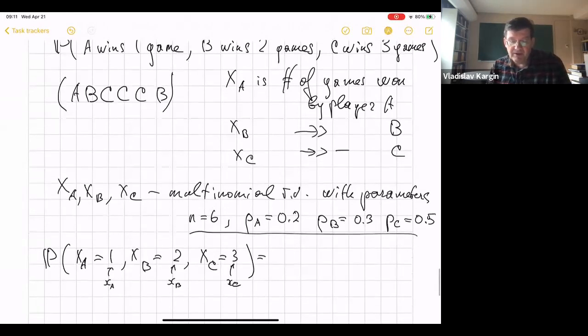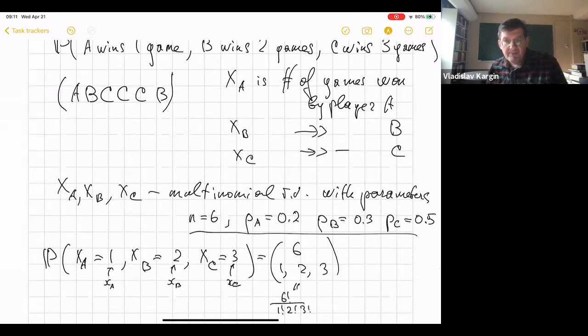This is equal to the multinomial coefficient 6 choose 1, 2, 3, which is 6 factorial divided by 1 factorial, 2 factorial, 3 factorial, multiplied by 0.2 to the power of XA, which in our case is 1, multiplied by 0.3 to the power of 2, multiplied by 0.5 to the power of 3.